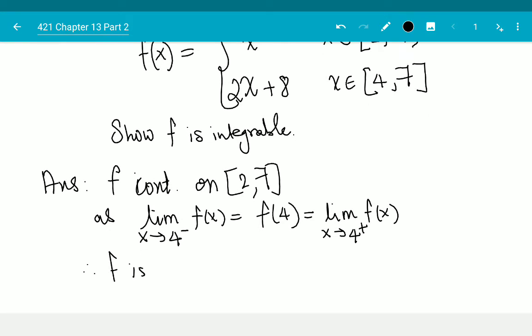Therefore, f is integrable on 2 to 7. Ta-da! Simple enough.